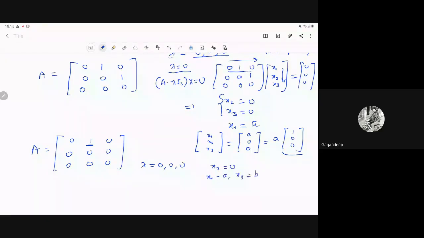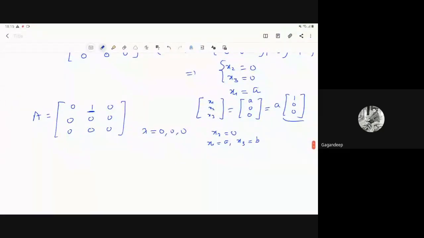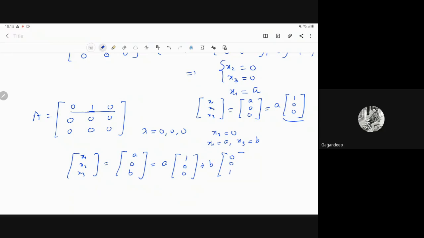Am I right? So what is your eigenvector in this case? Let me first write it in terms of a, 0, b. How can you write it? a times 1, 0, 0 plus b times 0, 0, 1. Is it correct?